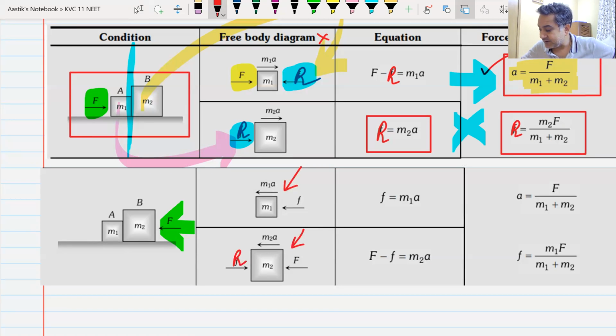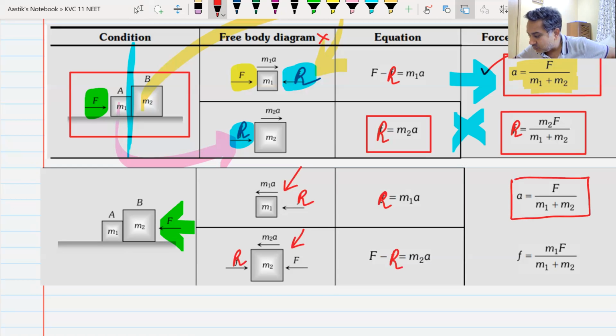Here also the reaction force between the two blocks is R. There is no need for you to understand this equation. Here also you see the acceleration of the two blocks is F upon M1 plus M2, because both the blocks are going to move together. Do we understand this?